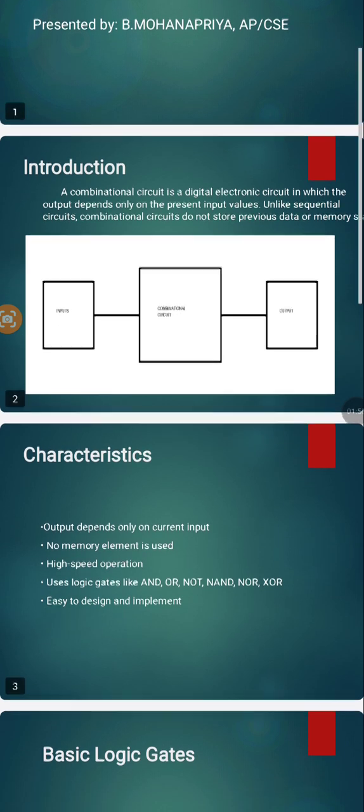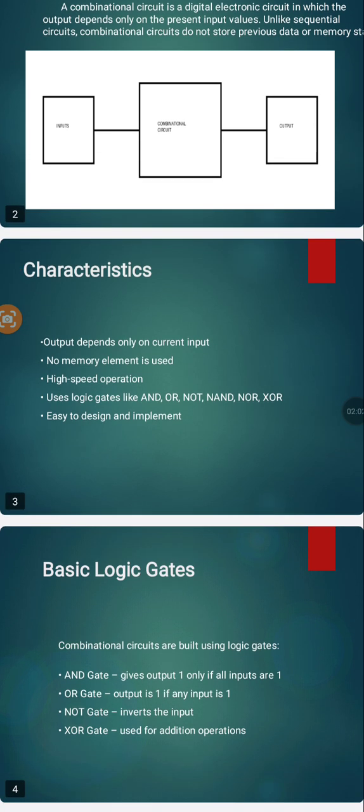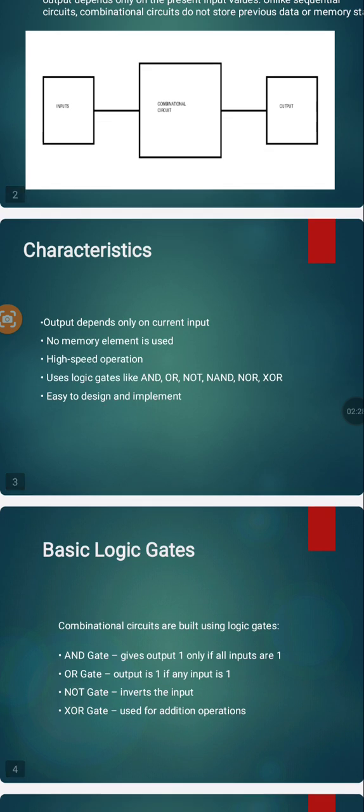Now we are looking at the characteristics of the combinational circuit. The first characteristic is that the output depends only on the current input. Second, there is no memory element and no feedback path.